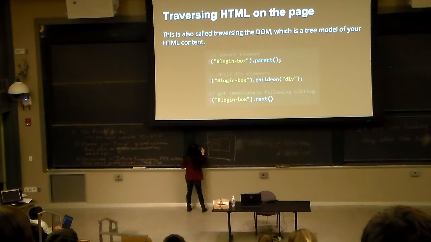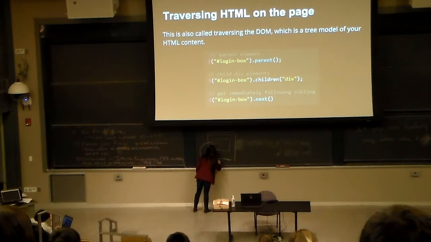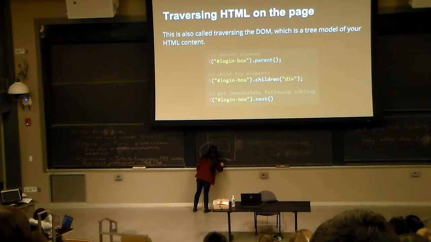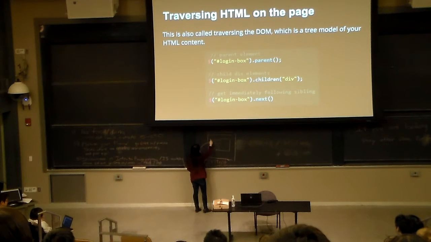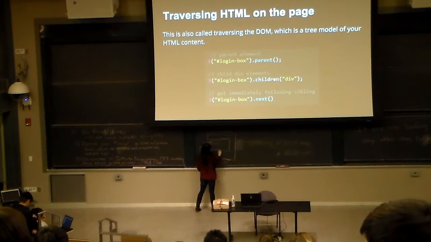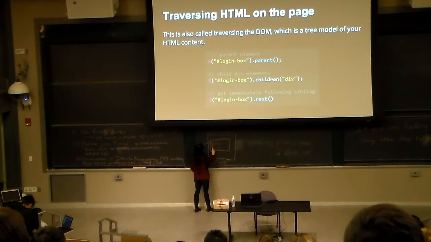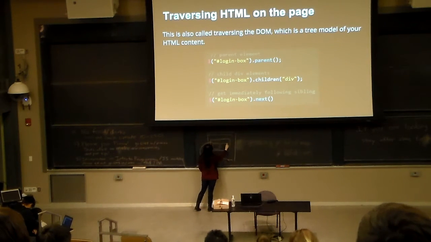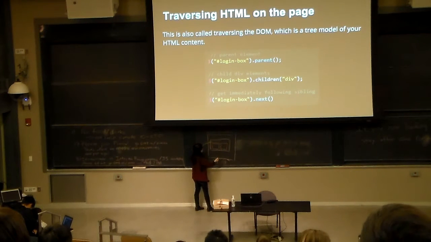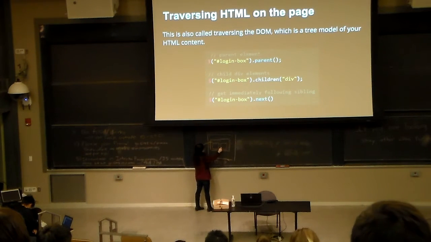So this box has class content. This inner box has class login form. And this other box has some other class, like info text or something.